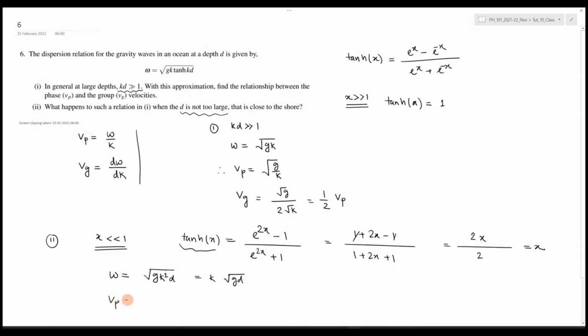So Vp will become omega by k, which is root gd, and Vg will become d omega by dk, which will also be root gd, which will be equal to Vp. So this is the relation when your d is not that large, and the earlier one is the relation when your d is very, very high.